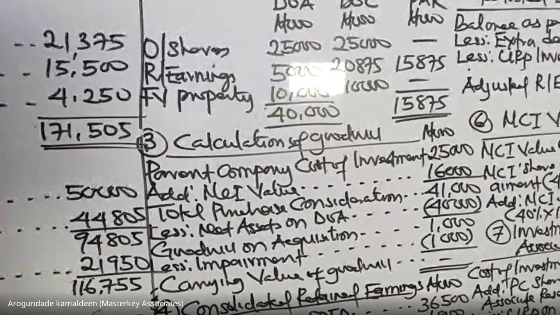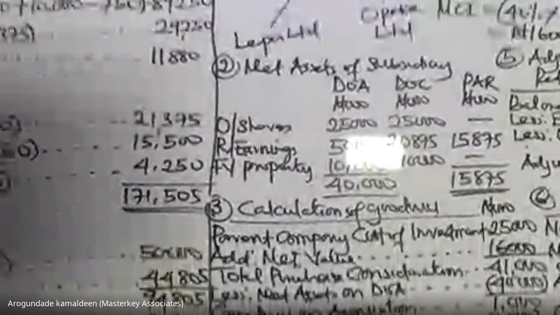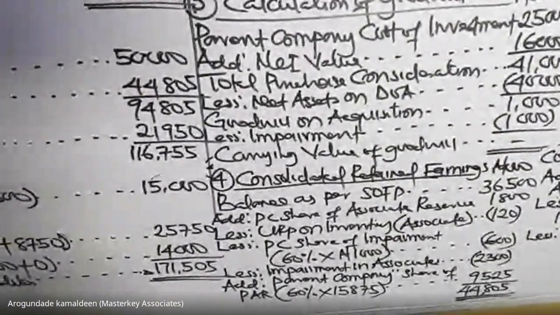After that, we are going to look at between the parent, subsidiary, and associate. Then we can say bye-bye to group. Then we go to published financial statement.